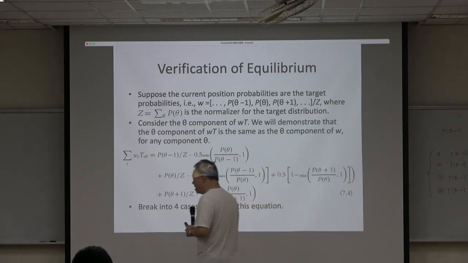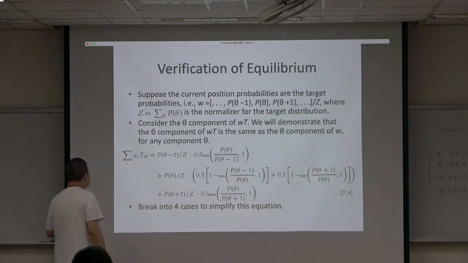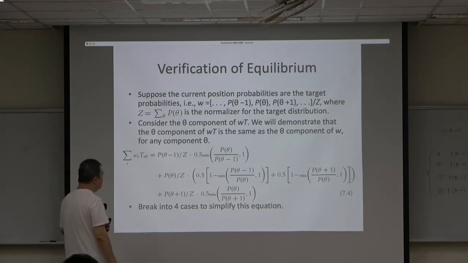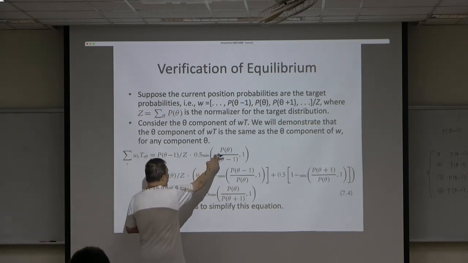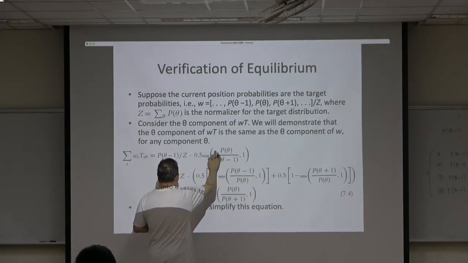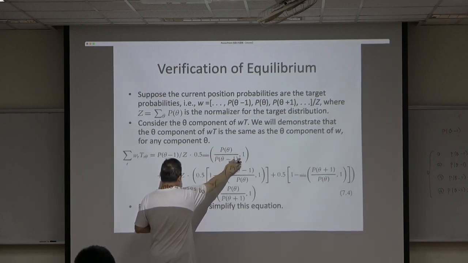So we can plug this into this formula, and again, because p theta is larger than p theta minus 1, this term becomes larger than 1. So we will only take 1 here.